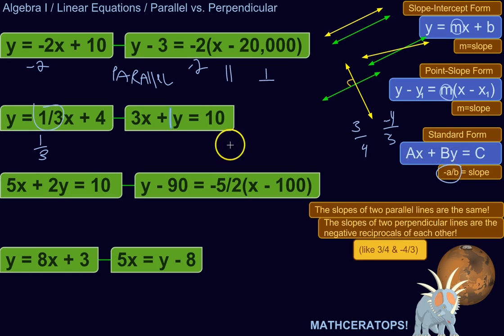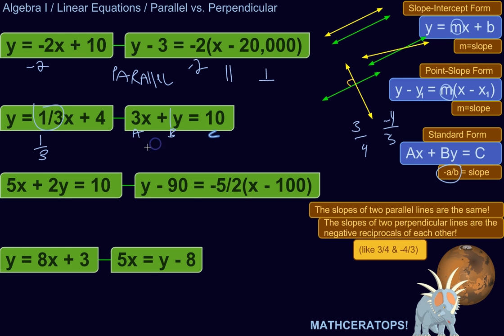You could rearrange it to look like slope-intercept by subtracting the 3x, or you can just remember the shortcut: the slope is negative a over b.